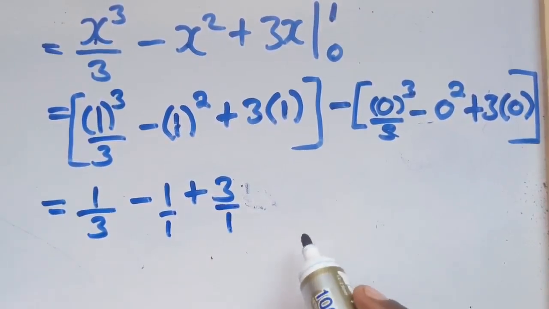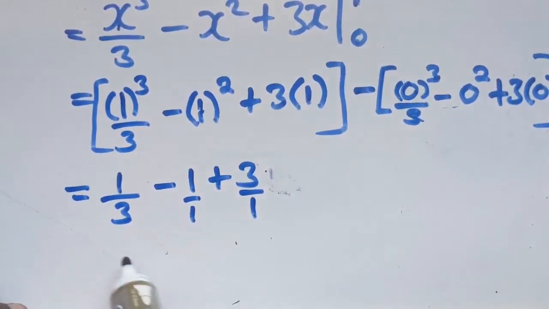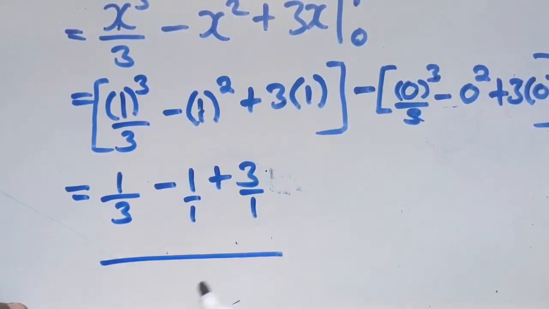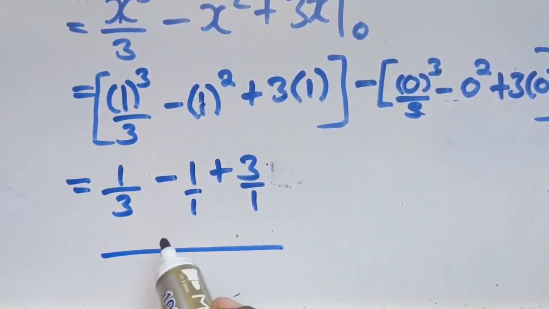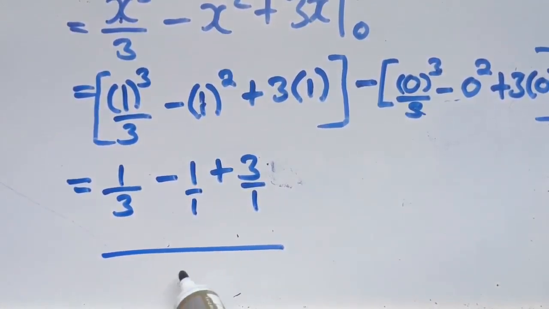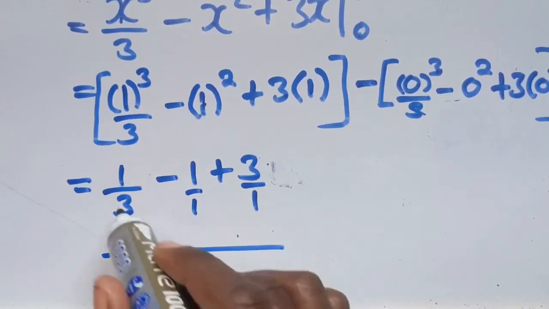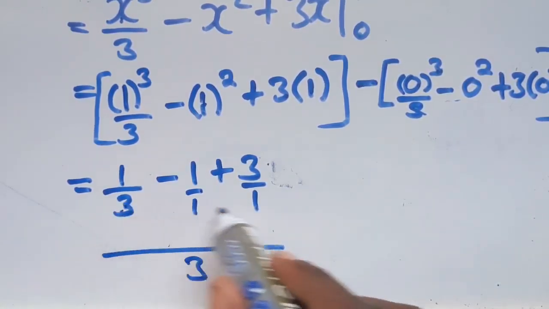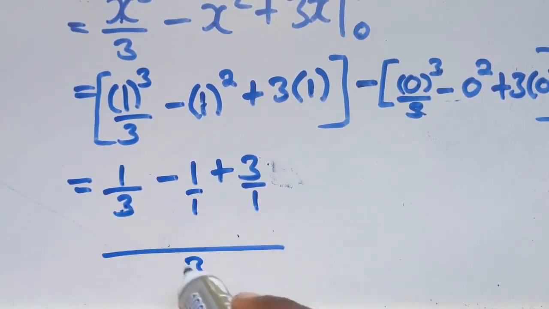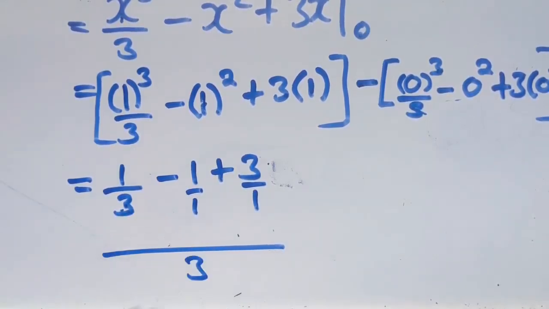When you are dealing with this kind of fractions, we are going to look for a common denominator. It is a number that you put down here, that all these three numbers go into and give you an answer without leaving a remainder.